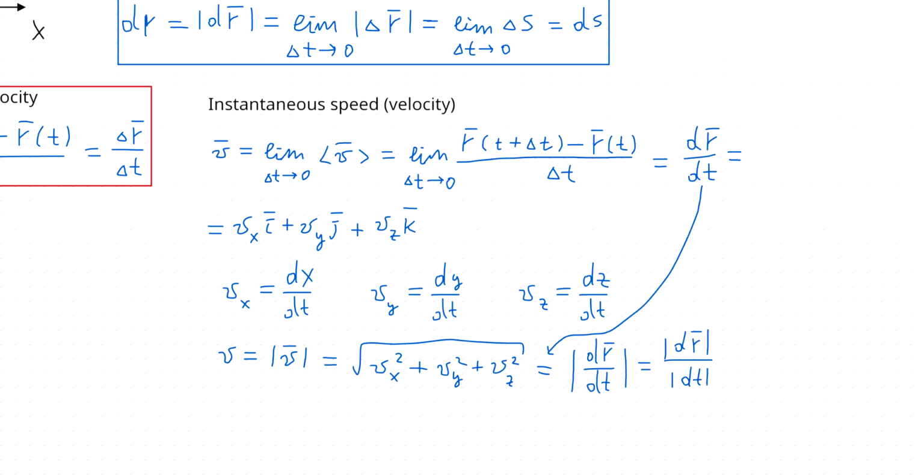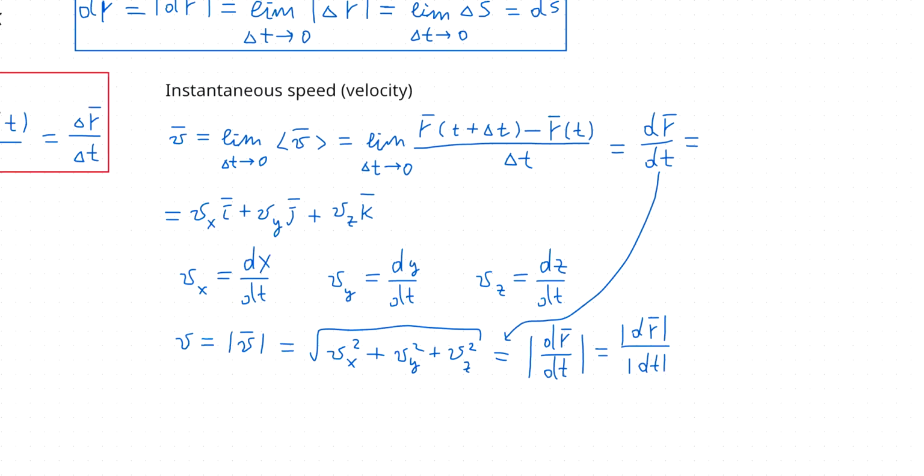And here we can notice that the increase of time is always a positive value, and the absolute value of a positive value is always equal to this value. So we can remove this modulus without changing the value, and this is the same as dr by dt.